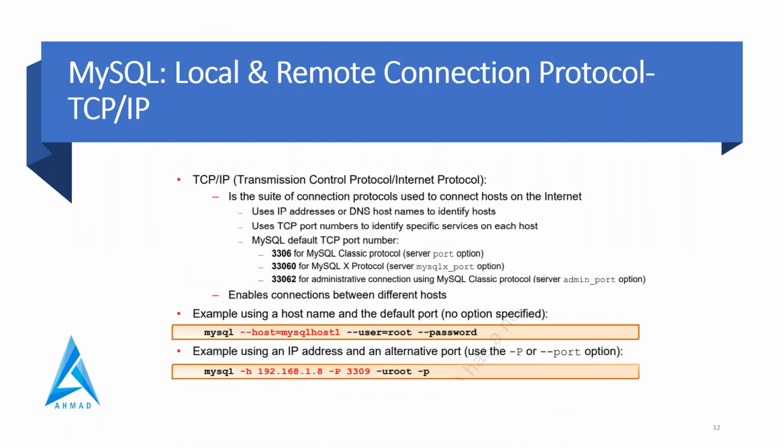Now the MySQL local and remote connection protocol is, as I said, TCP/IP. By default, the MySQL classic protocol server port is 3306, for MySQL X it is 33060, and for the administrative connection for the classic protocol it is 33062.